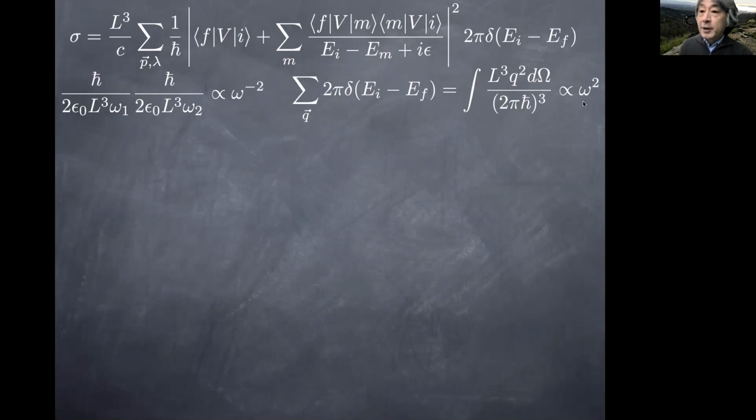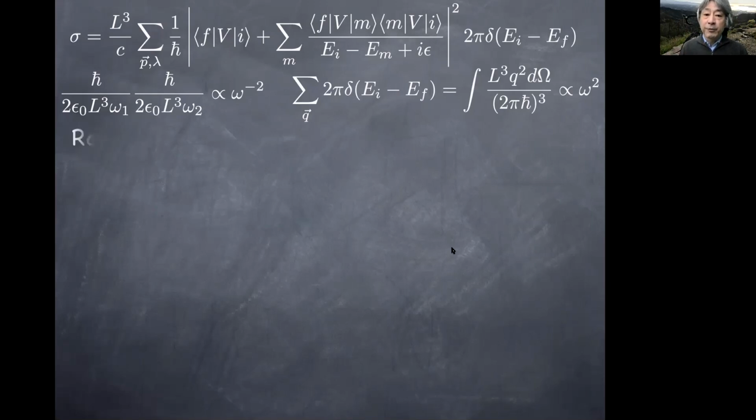It turns out the cross-section is proportional to the photon frequency to the 4th power, which is the behavior called Rayleigh scattering, which I think you have heard about somewhere else, but let me go through that a little bit more concretely. We are not going to do the full detailed calculation, but we will see that the end result turns out to be omega to the 4th.